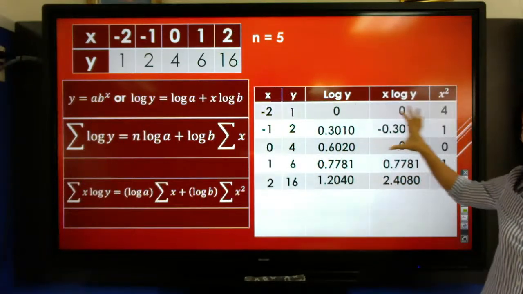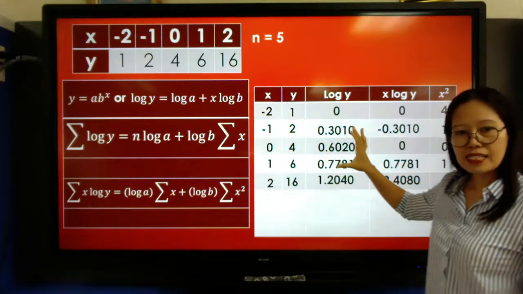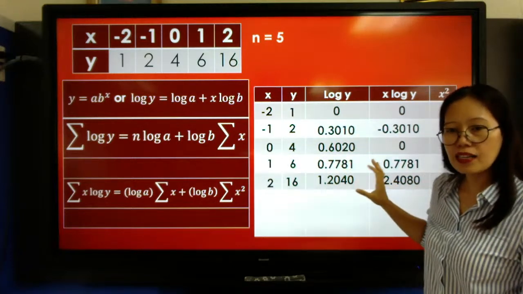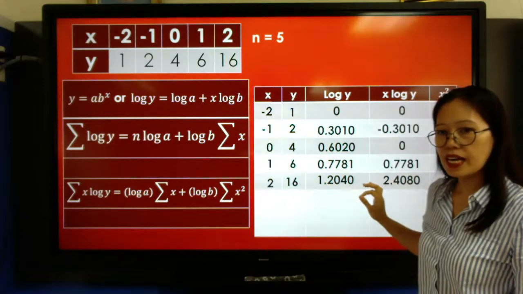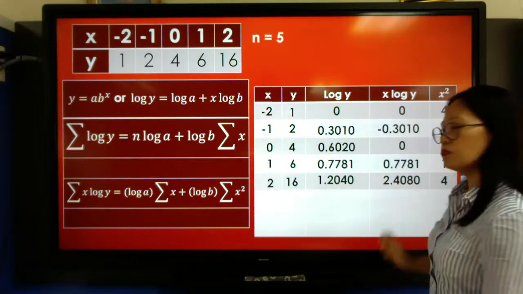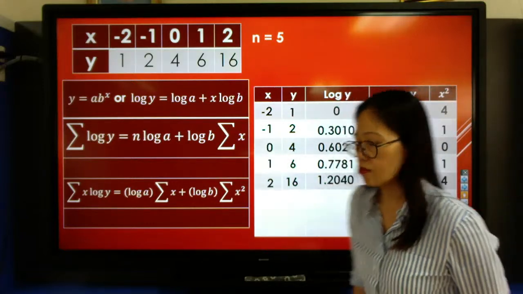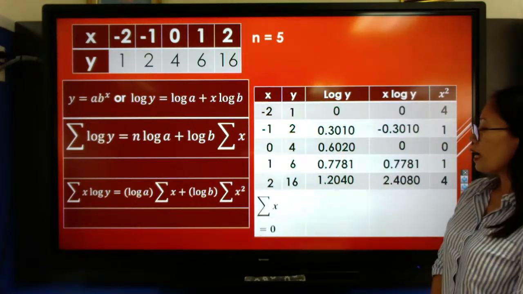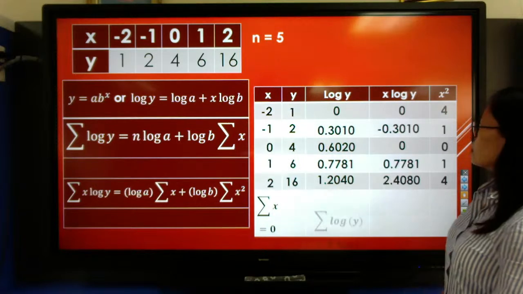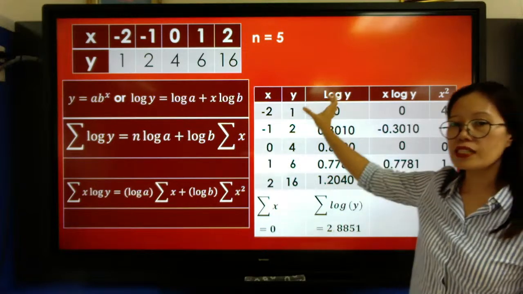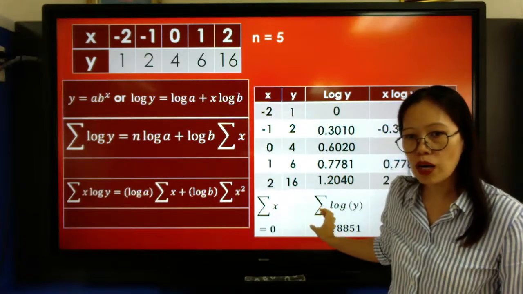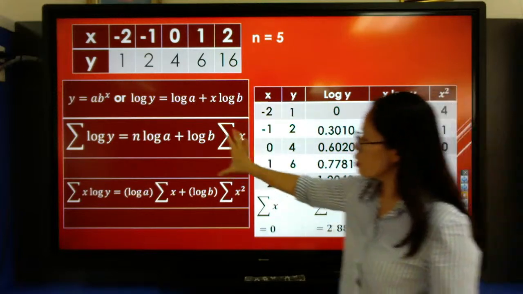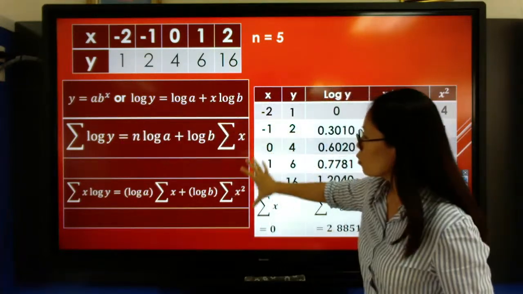After having your table, next is we're going to get the summation. Summation of x, we have 0. We don't need the summation of y, right? Why don't we need the summation of y? Because we don't have a summation of y in our normal equation.